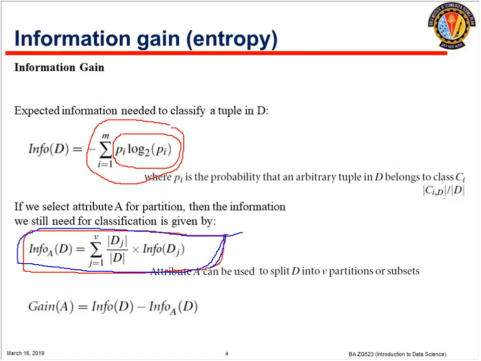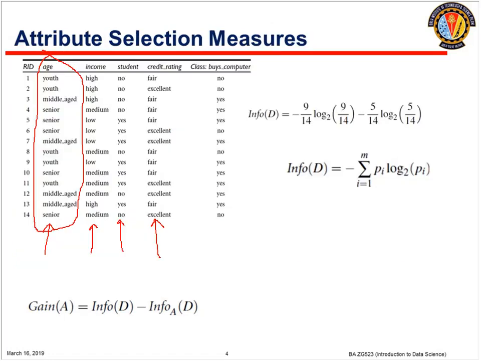You can say this represents how much more information is required if you split on that particular attribute. Provided that you split on that attribute, what is the resulting entropy? Right now we are considering the attribute age.